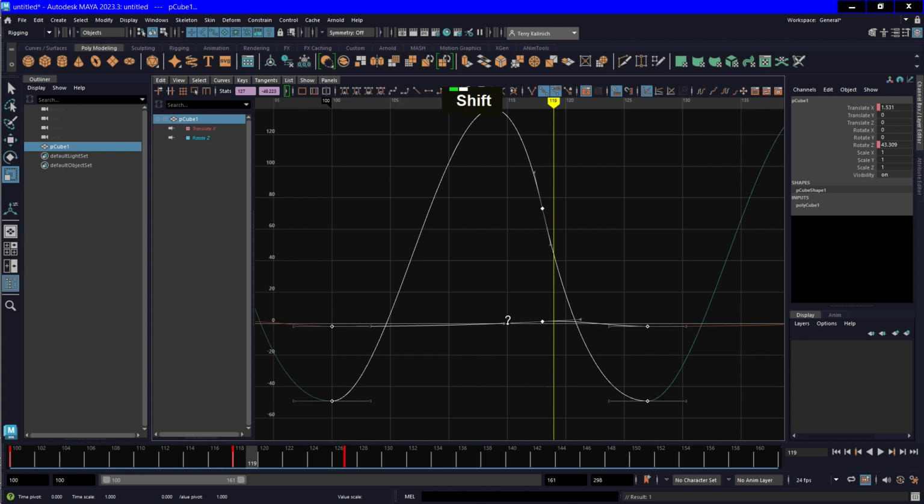Notice the icon has changed, and you're going to see that when I move the curve, the tangents are moving with it. So it's a more natural scaling of the value of the keys and the tangents between them. So this is more of a general slowdown of value and tangent at the same time.